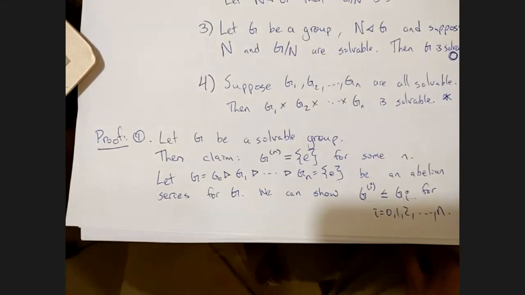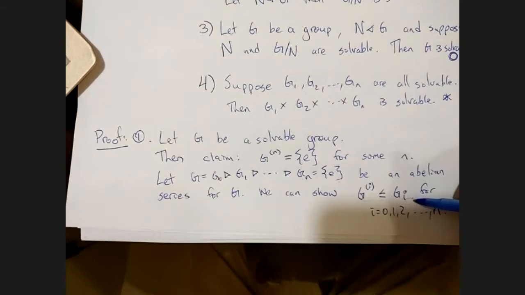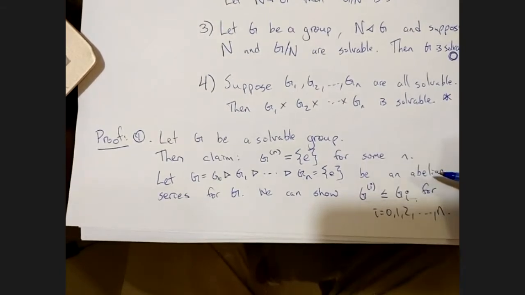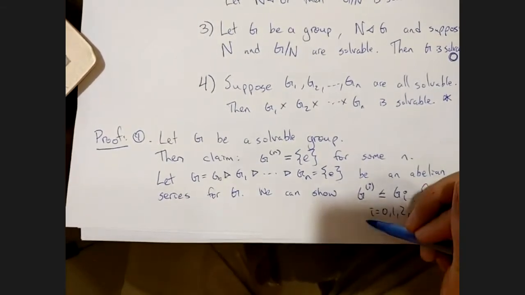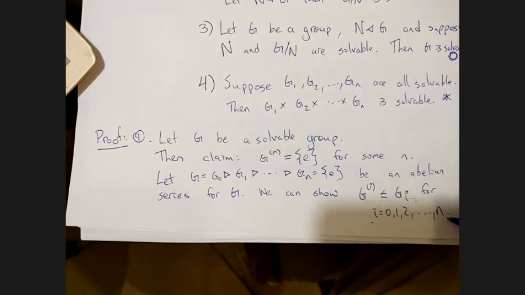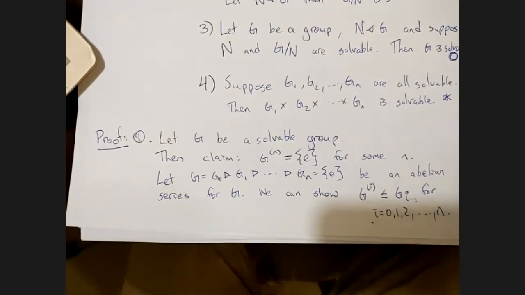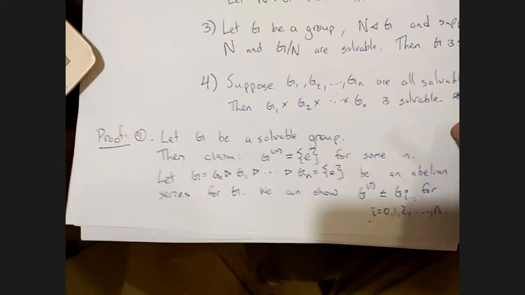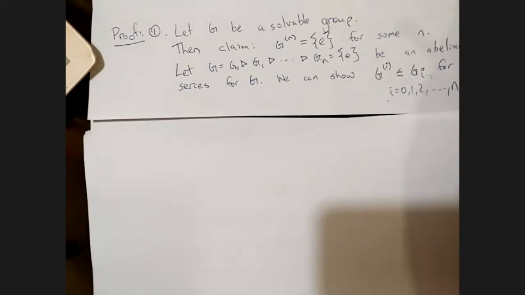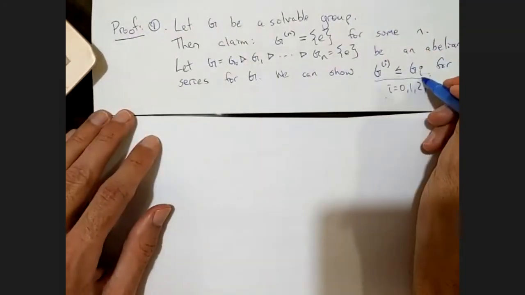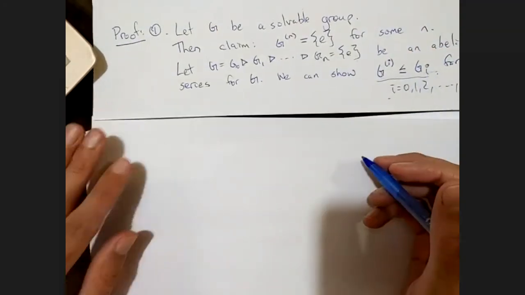Now, if you happen to also be taking set theory, you'll notice this is a prime example of when we want to use induction, but we can't go on forever, we have to stop at some point. So we need to use finite induction. So we're going to prove this by induction, except just finite induction.